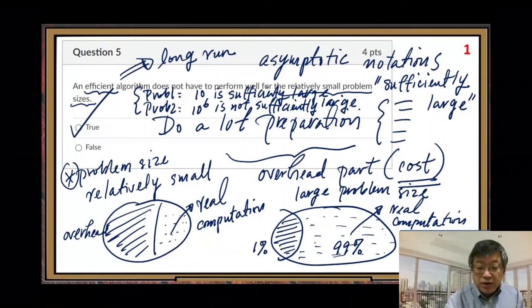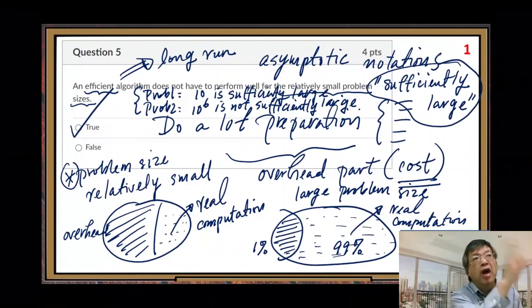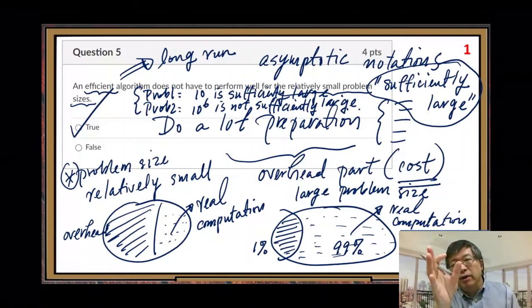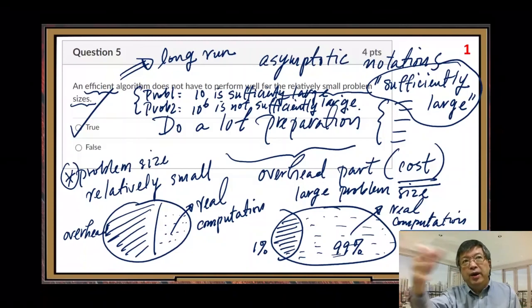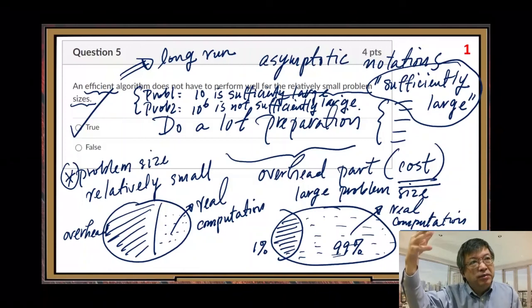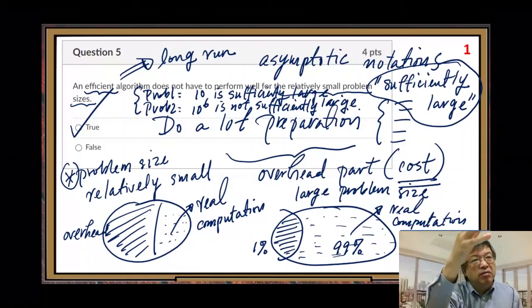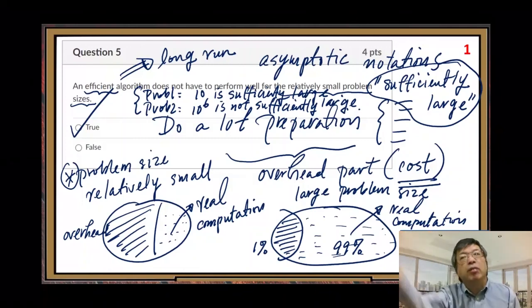Why do we use this sufficiently large concept? Because we want to skip the overhead part. We don't want to look at the overhead part. After we skip the overhead part, then we reach the part that we can handle using our formulas in a comfortable way.